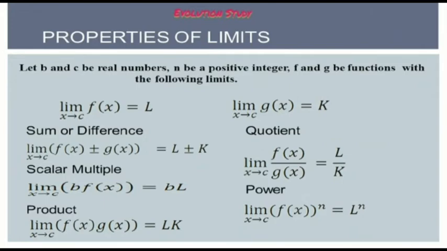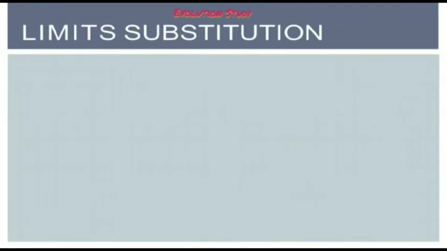Now in the scalar multiple, limit x tends to c b f(x) is equal to bL, and the power, limit x tends to c f(x) to the power n, is equal to L to the power n. Now the product, limit x tends to c f(x) times g(x), is equal to L times k, which is Lk.